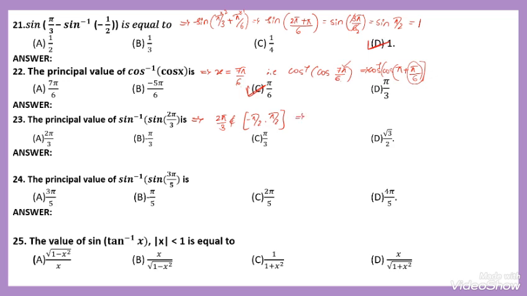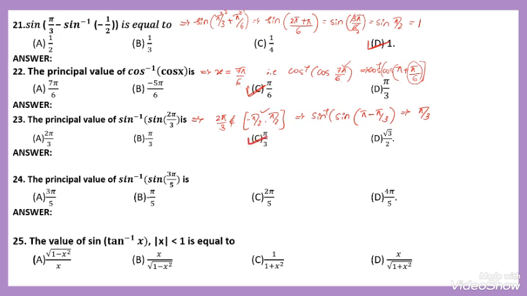Here the numerator is smaller and the denominator is bigger, so I can take it as pi minus pi by 3. Here 3 into pi, 3 pi, 3 minus 1, 2 pi by 3. Therefore, the answer is pi by 3, which belongs to this range.